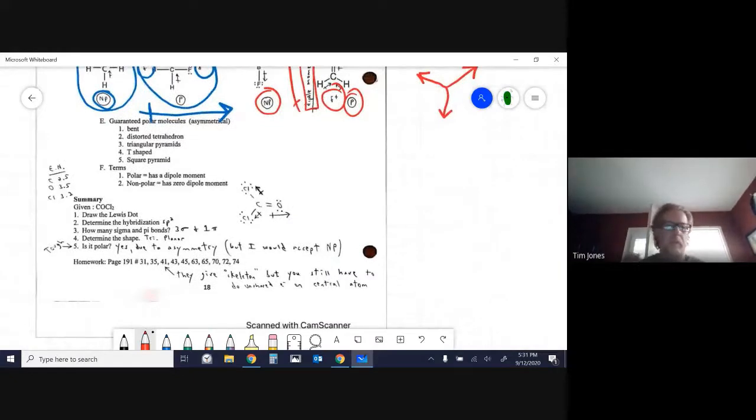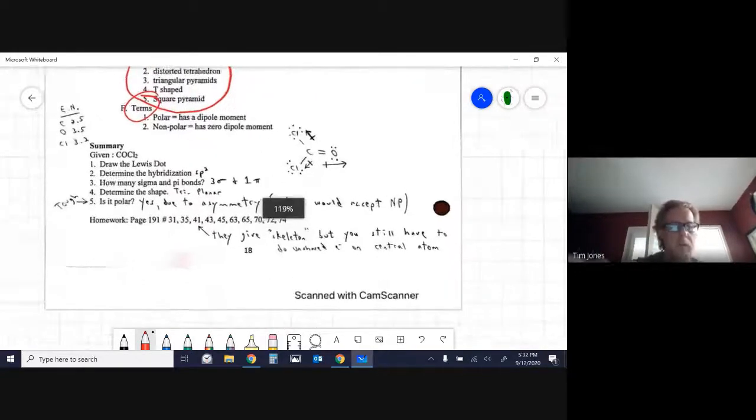Here's some notes. These molecules have to be polar no matter what else happens. They're asymmetrical and they will be polar just because of the unshared electrons. And I mentioned these terms already when I talked about the prior example. I have an example down here as a little bit of practice.